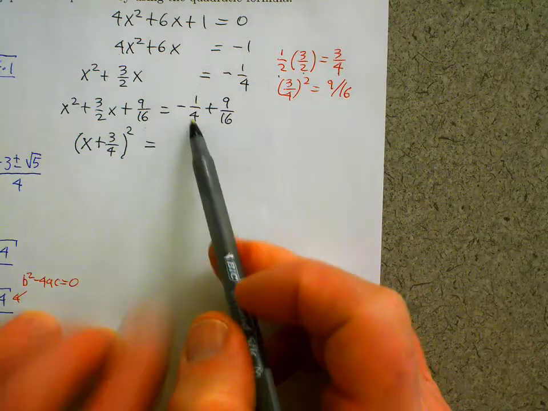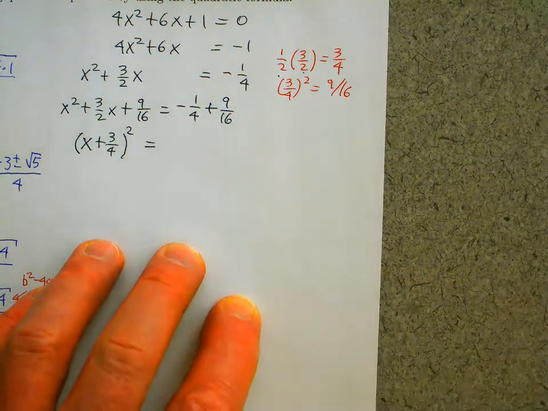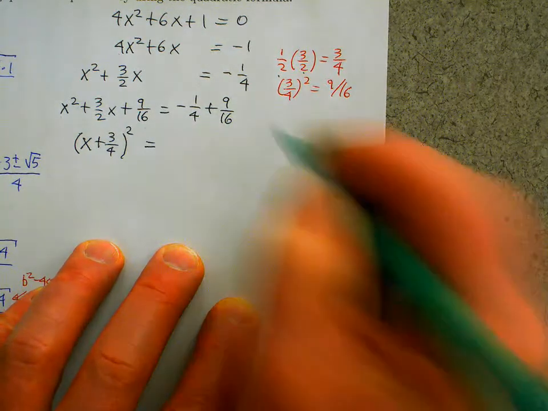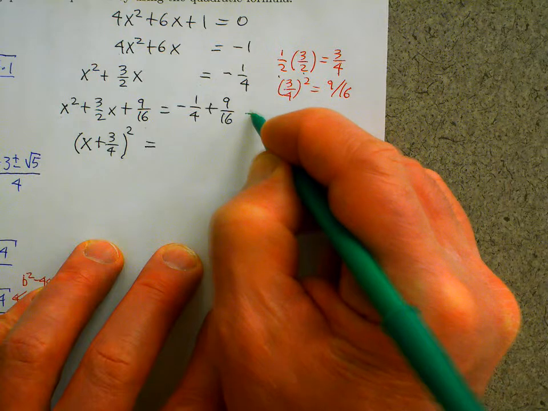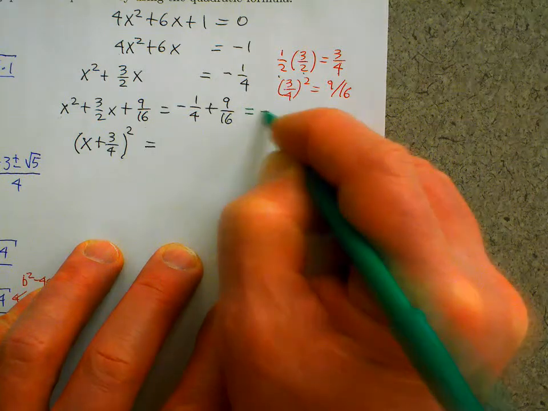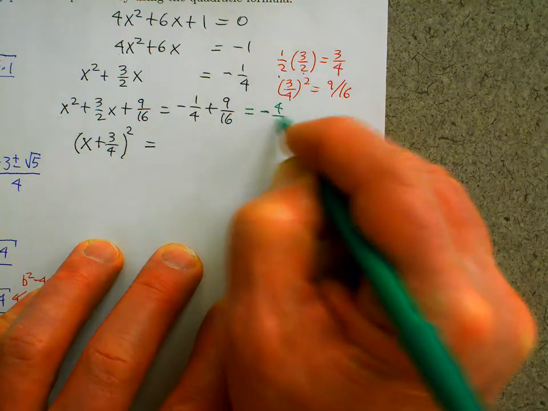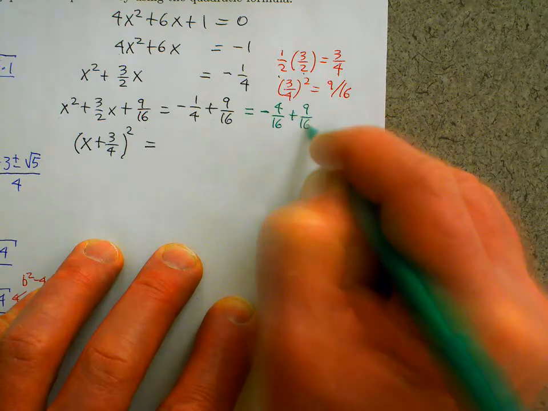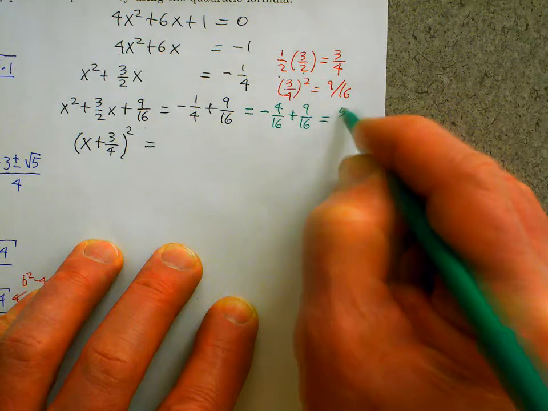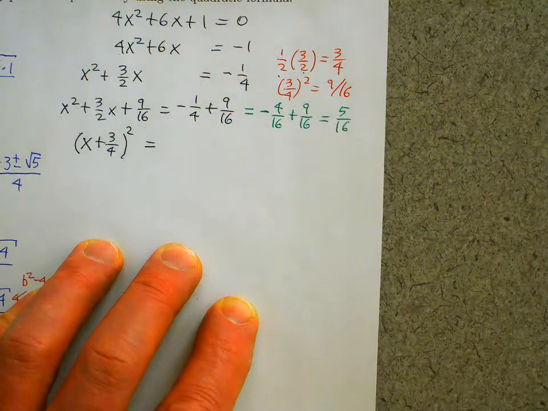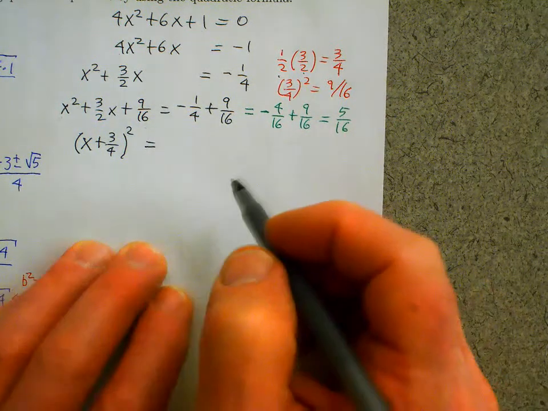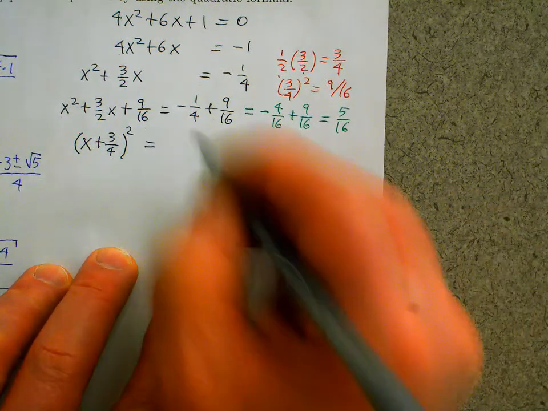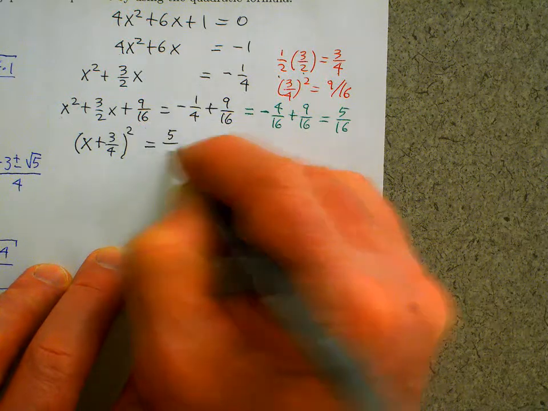On the right-hand side, we simplify negative 1/4 plus 9/16. Think of negative 1/4 as negative 4/16, which we add to 9/16, and we get positive 5/16. So we have x plus 3/4 quantity squared equals 5/16.